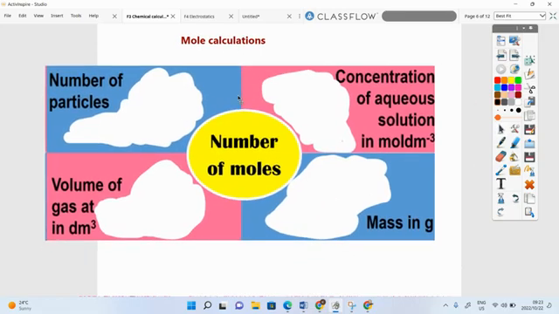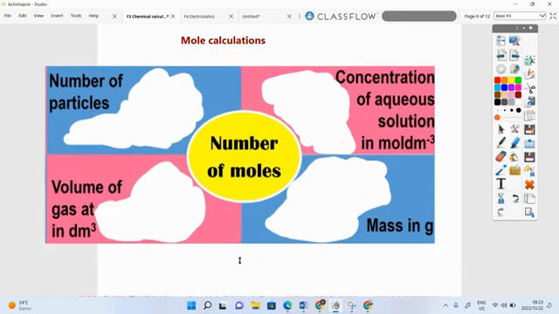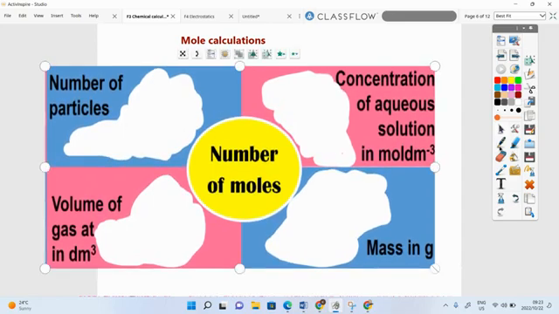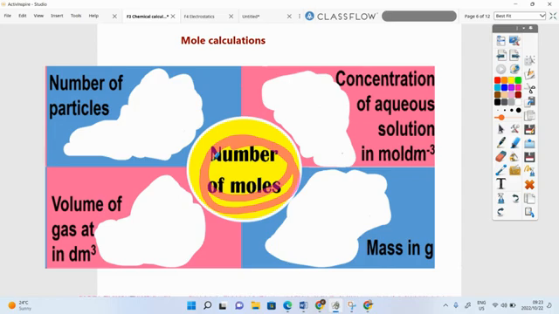Now for the mole calculations, guys, there's only 4 calculations that you can have until matric. They're going to give you one of these 4 things, and your job is to change it into moles.